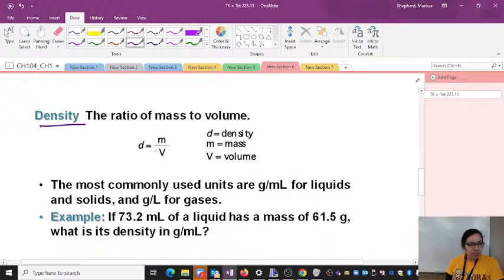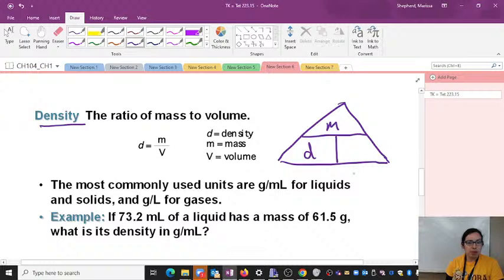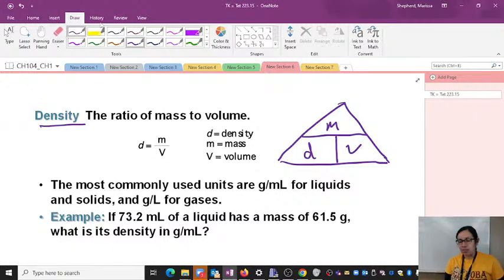And so this is the math for it. I'm going to go ahead and show the triangle trick though. We can rewrite this as density, mass, volume. Why I like this little triangle trick is that if you ever get confused, it helps remind you what you're supposed to be doing. How the triangle trick works is you just cover whatever you're solving for, and we'll practice it in these problems.